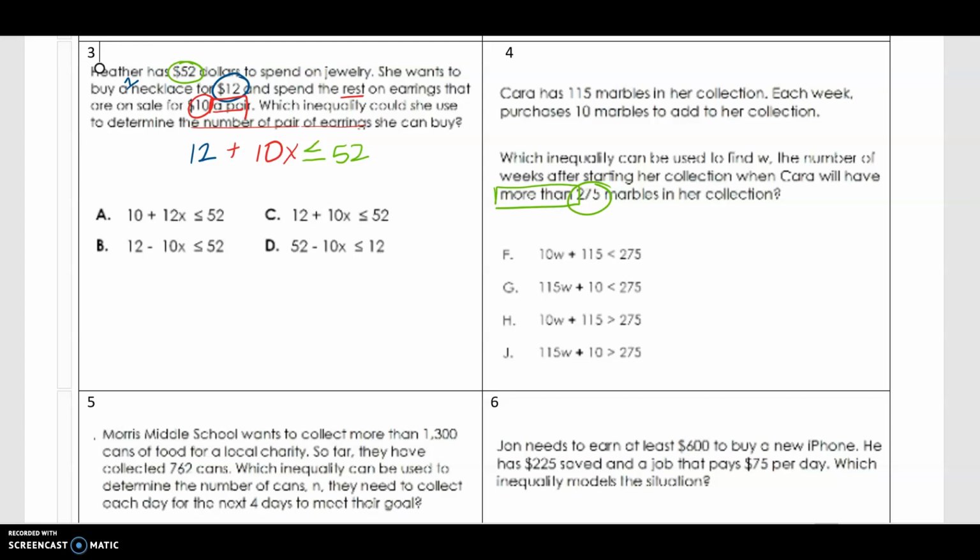And then it says she has this 115 marbles already there. And then it says each week she purchases 10 more marbles. So she's adding 10 marbles to her collection each week after starting with 115, and it has to be more than 275. Okay, so you guys go ahead and take a minute and match your inequality.